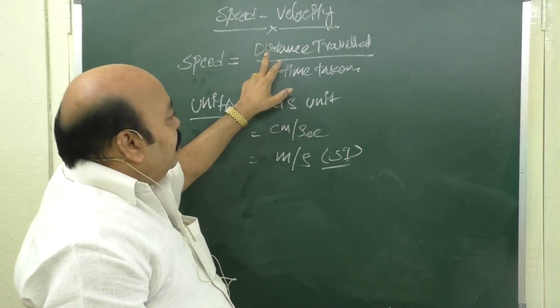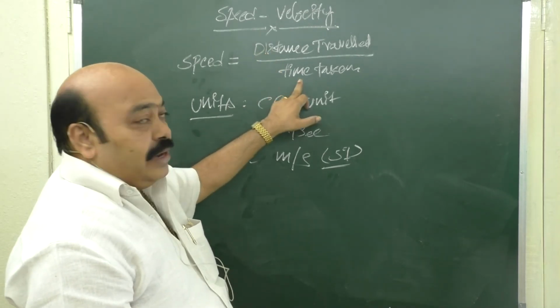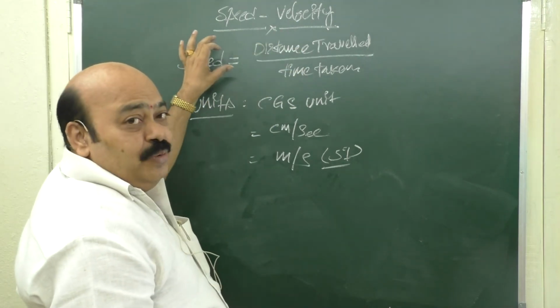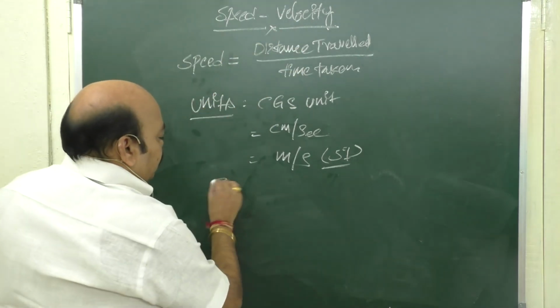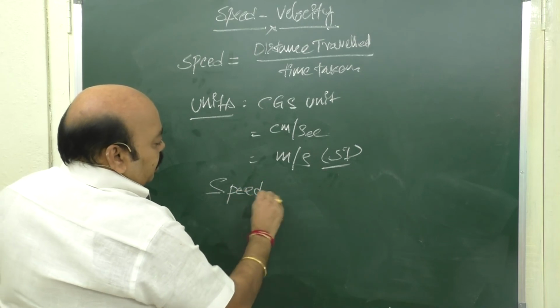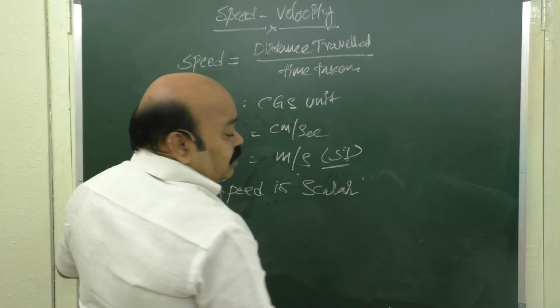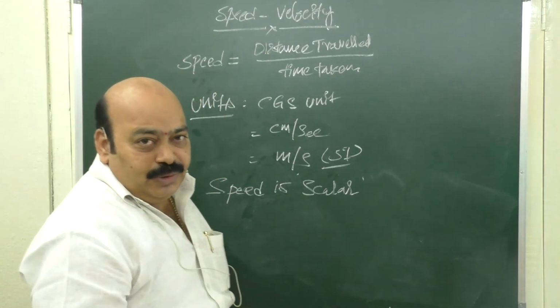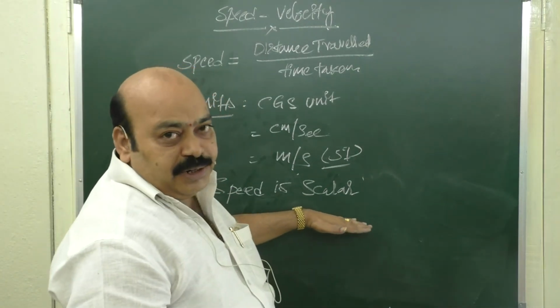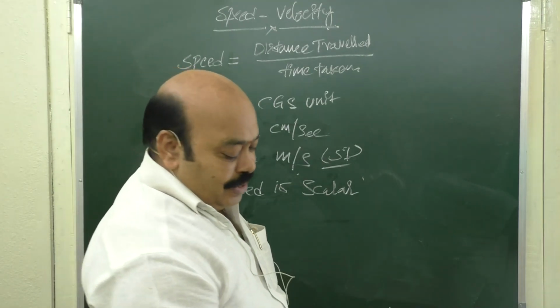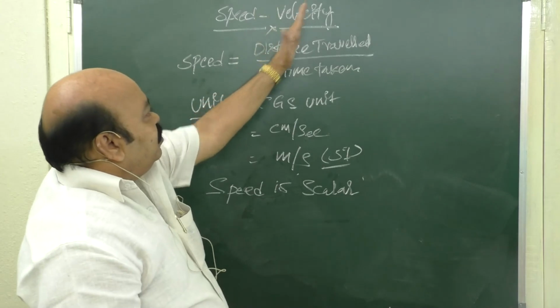But you know very well distance is scalar and time is scalar. Hence, there is no chance for speed to be a vector. That is why speed is a scalar quantity. Scalar means it has only magnitude but not direction.